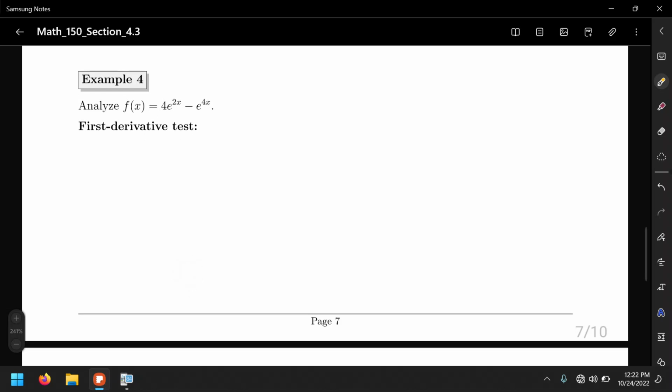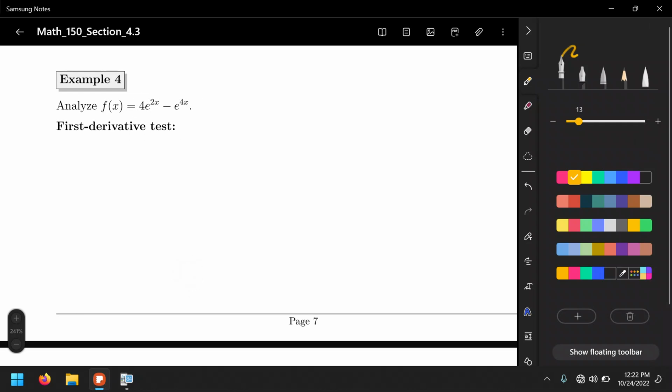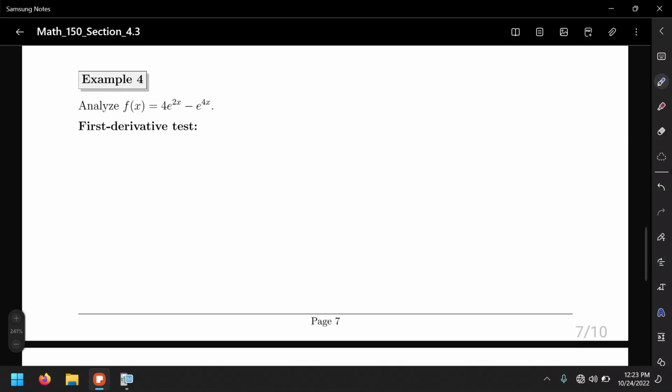Well, number one, let's find the first derivative. Let's do everything related to the first derivative test. So that's f prime of x equals 4e to the 2x times 2 by chain rule minus 4e to the negative e to the 4x also by chain rule.